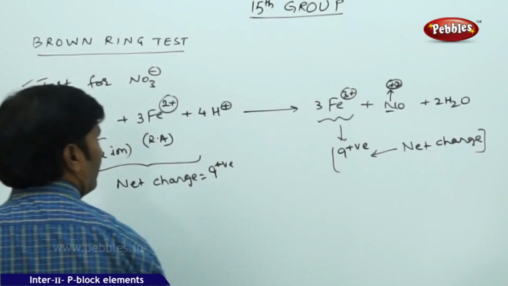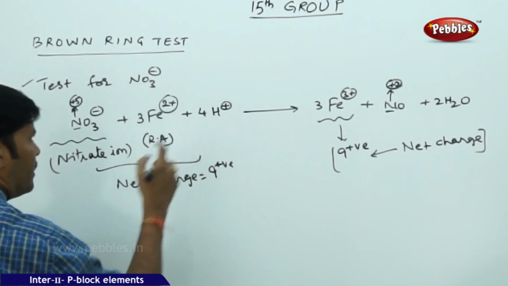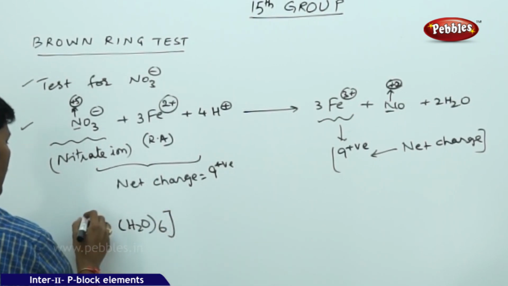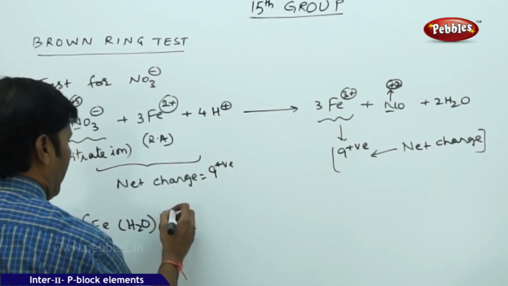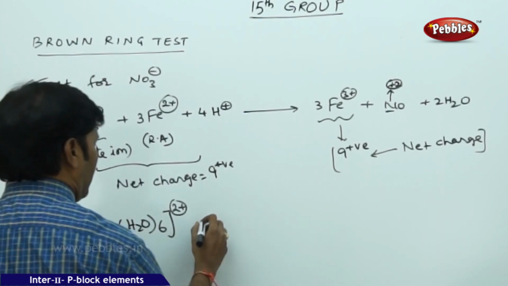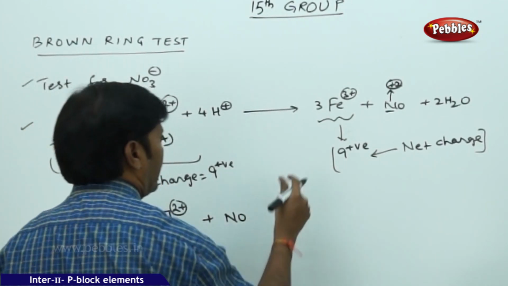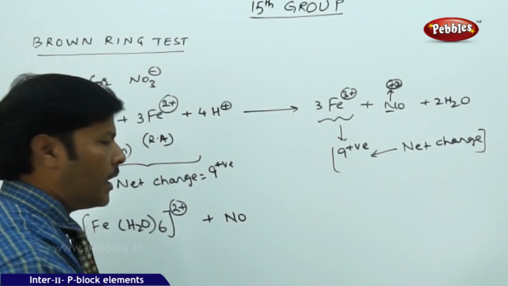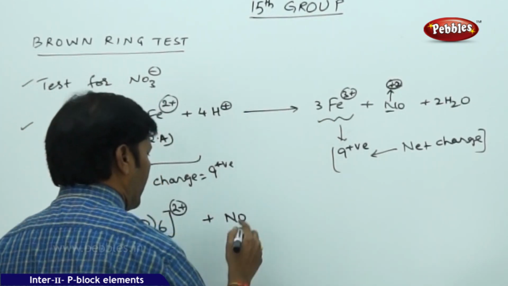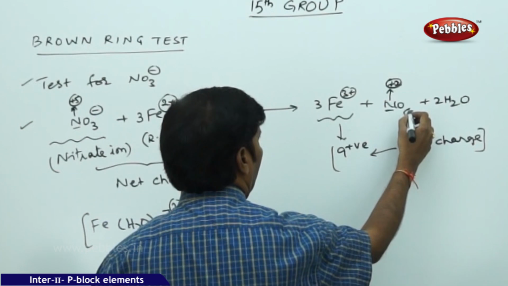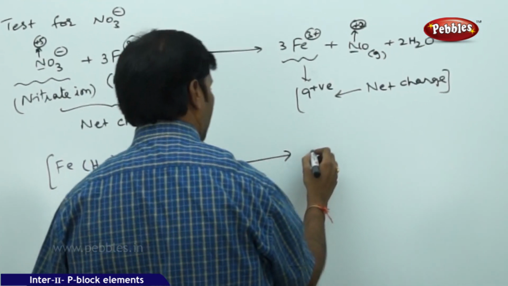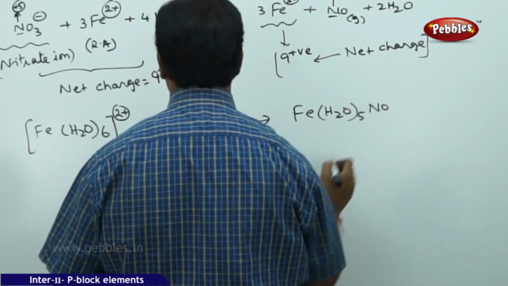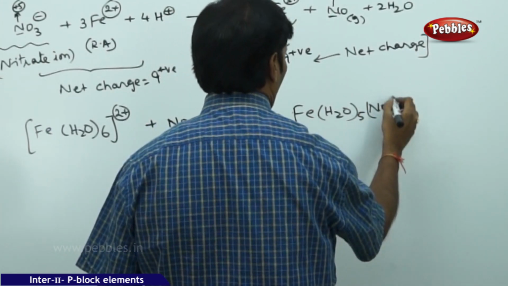So take the nitric oxide. Fe(H2O)6 2+, the hexahydrate iron(II) cationic complex, interacts with nitric oxide gas, and immediately it forms a complex, that is [Fe(H2O)5NO]2+. NO becomes a neutral ligand which will satisfy the coordination number of the iron.